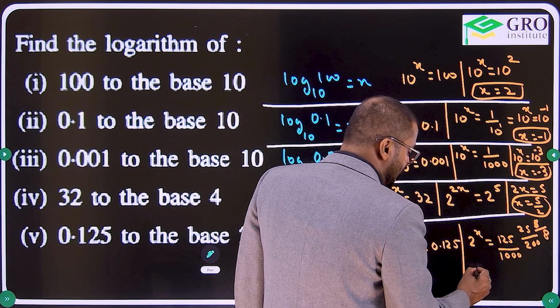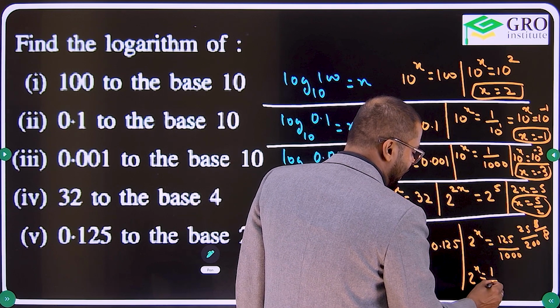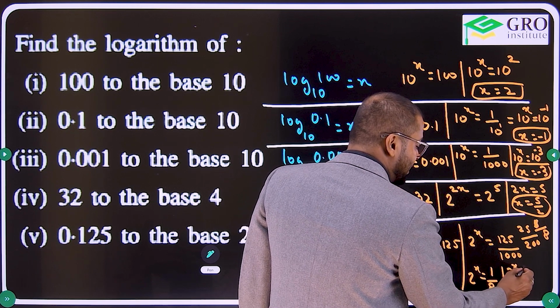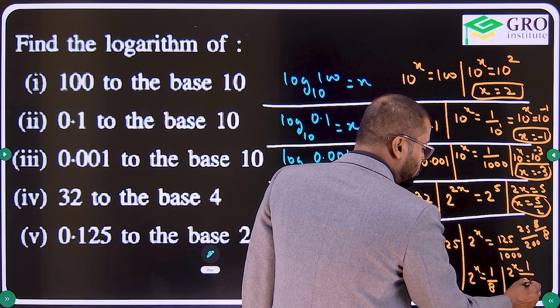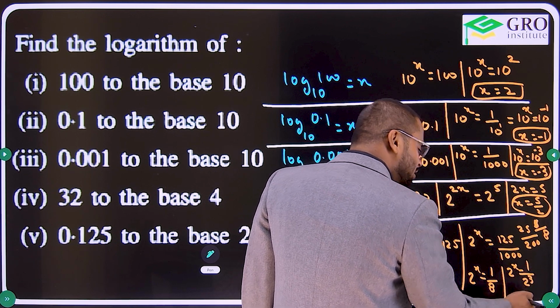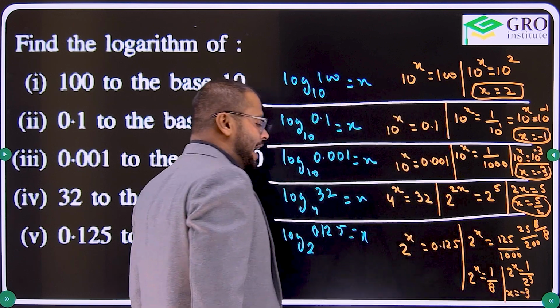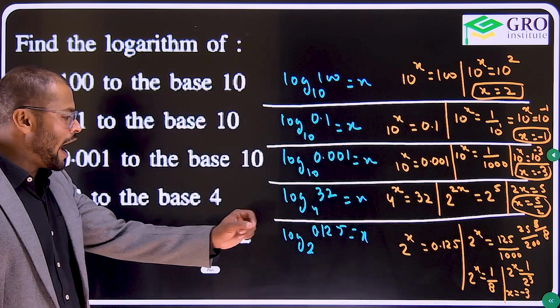So 2 to the power x is equal to 1 by 8, and 1 by 8 is basically 1 by 2 to the power 3. This goes up and x is equal to minus 3. It is x is equal to minus 3. I hope it is clear.